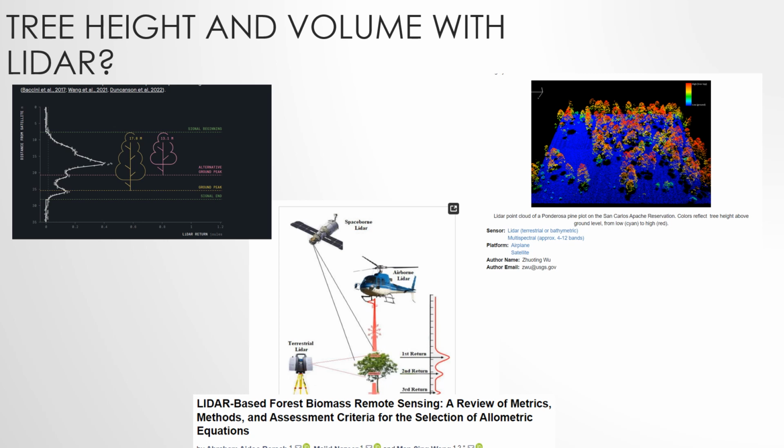As of today, I don't fully understand how this is done with LP360, but I know it should be possible using the spaceborne LiDAR data and then somehow measuring the height of the trees and possibly directly the volume.